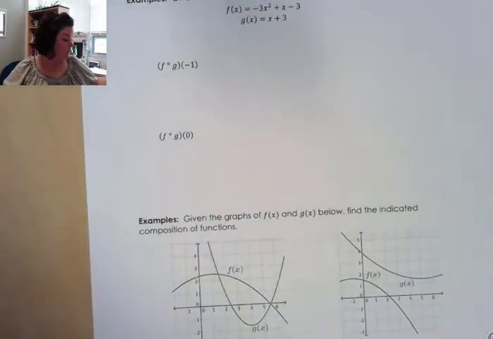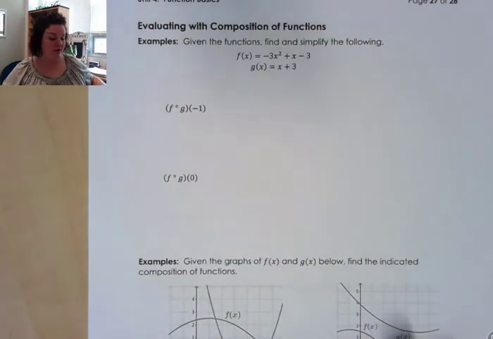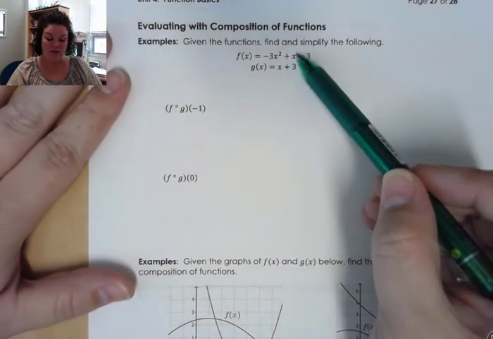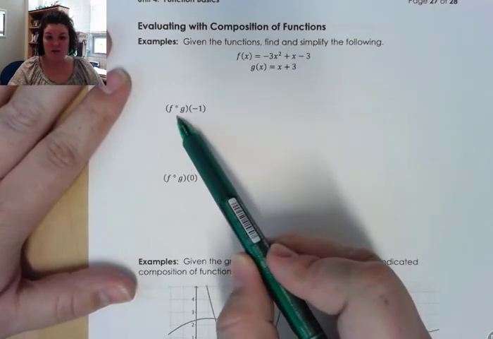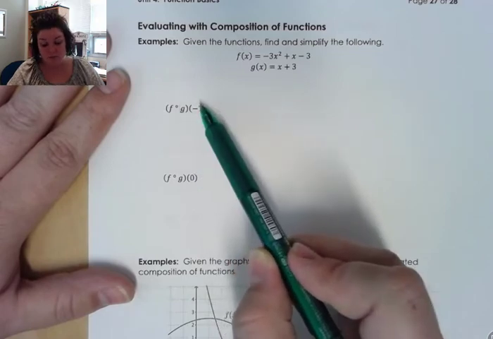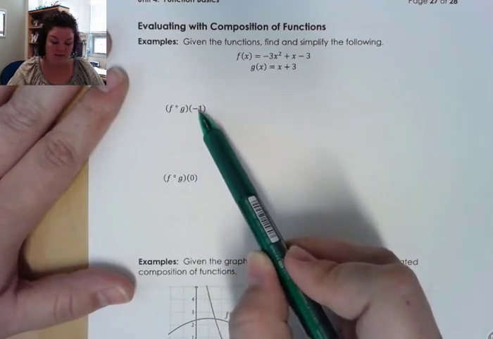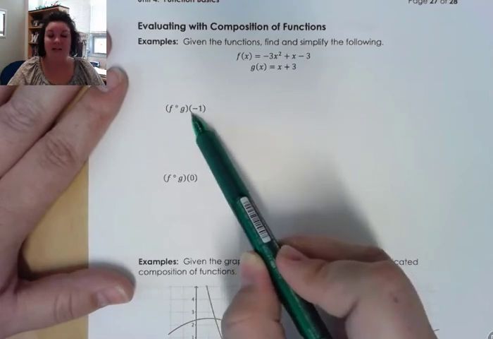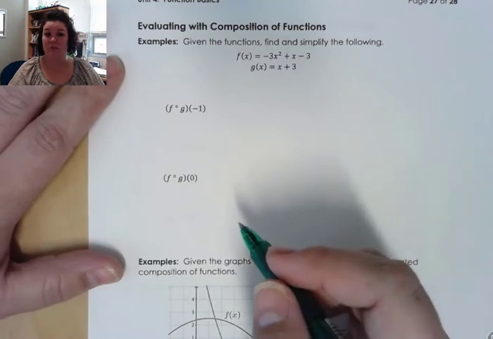So when we look at evaluating with composition functions, just like with algebra, there are 2 ways to do it. We can take the 2 functions and figure out the composition function, and then whatever that new composition function is, we can plug -1 into it, or we can just evaluate as we go, which is what I'm going to suggest we do.